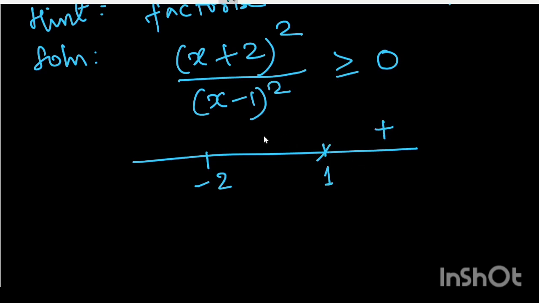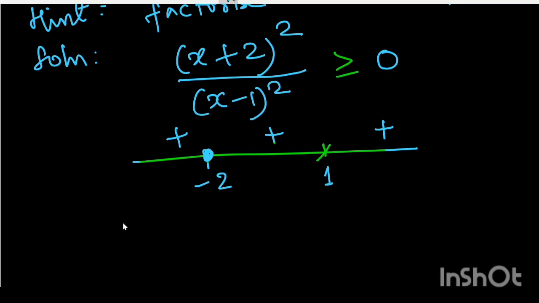Now all the powers are even, so plus while moving left, here also it will be plus. Again, if you cross minus 2 towards the left, here again it will be plus only. So guys, the question is again asking for positive or equal to 0. So equal to 0 would be provided when x is equal to minus 2, right?